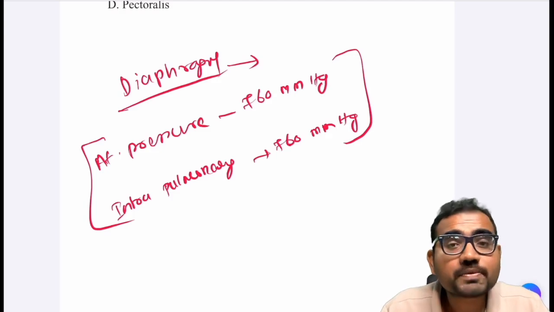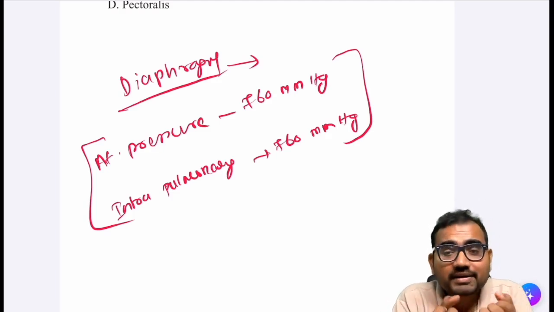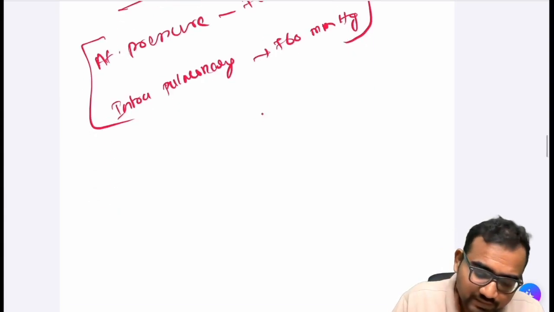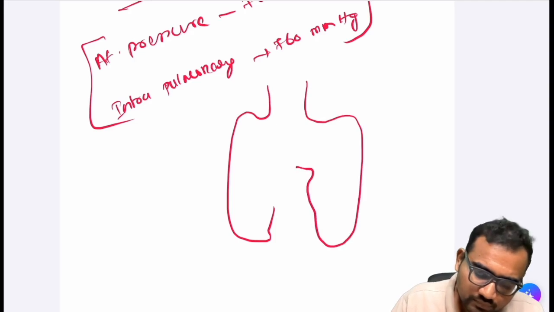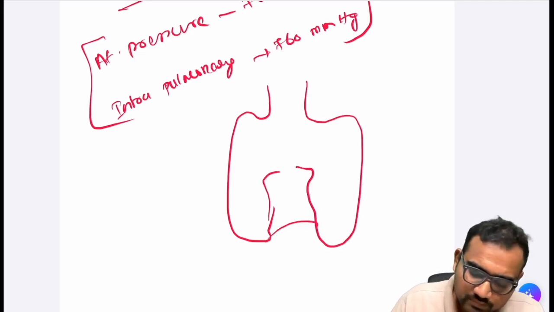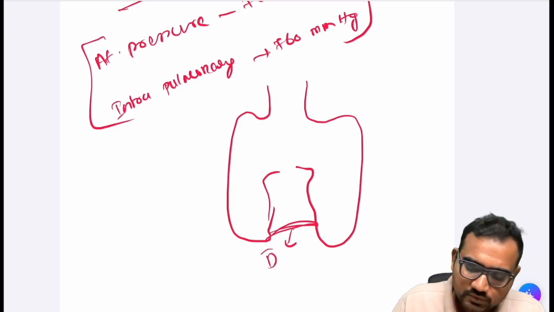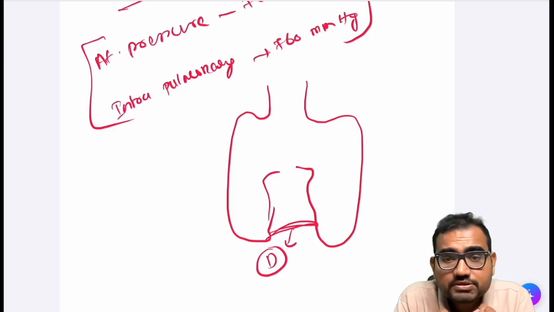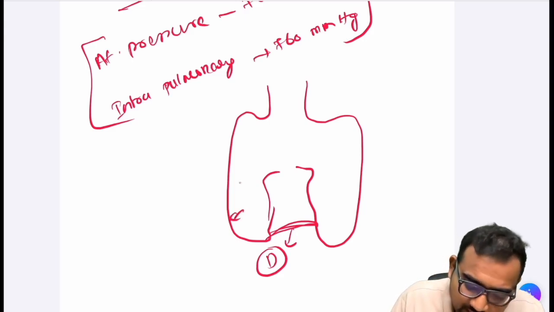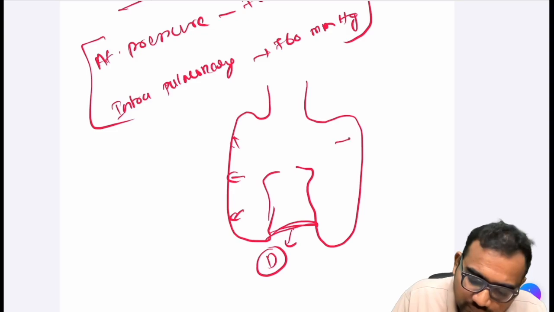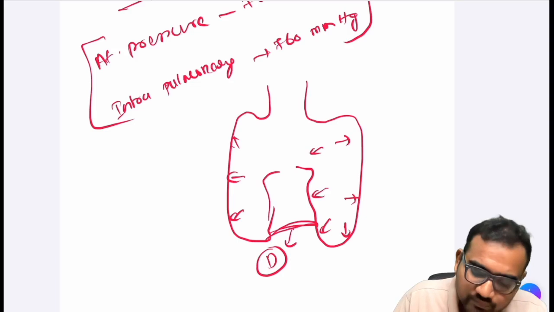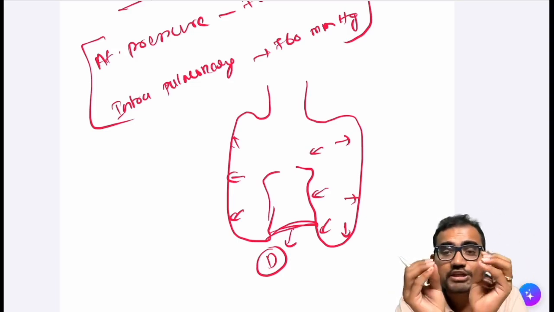So during inspiration, what happens is the diaphragm contracts. So the diaphragm will be here. The diaphragm contracts, and what happens is the intrapulmonary volume, the lung volume, increases and expands.